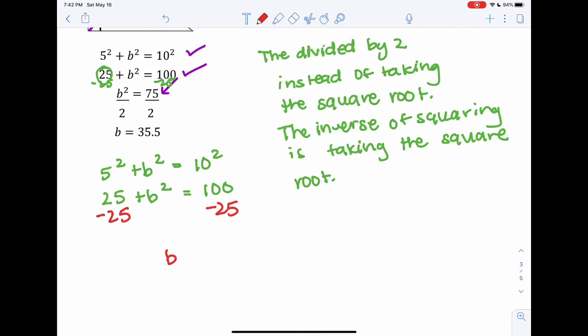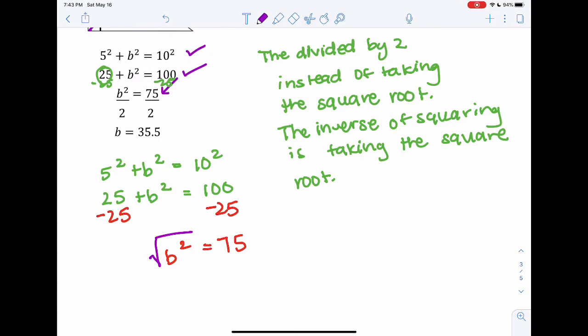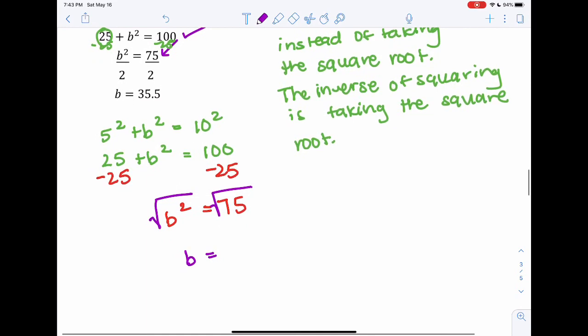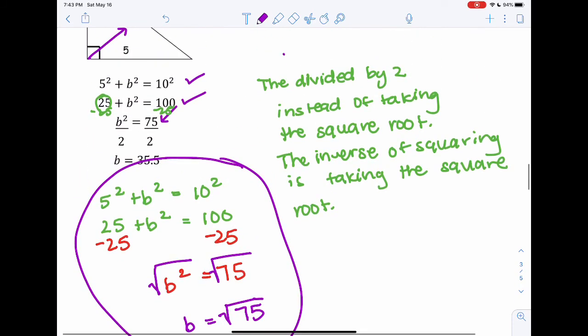So they had b squared equals 75. Now this step is where they messed up. They should have taken the square root of both sides. The square root of 75 is not a perfect square, so I'm just going to leave it as the square root of 75. Okay, so this is the correct way of doing it, and this was their misconception.